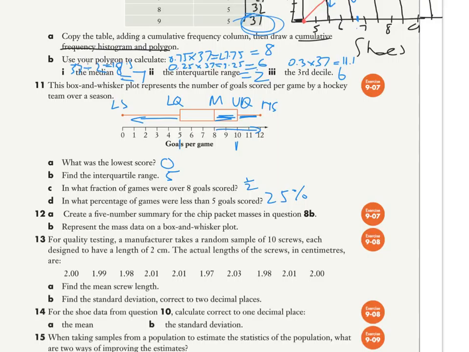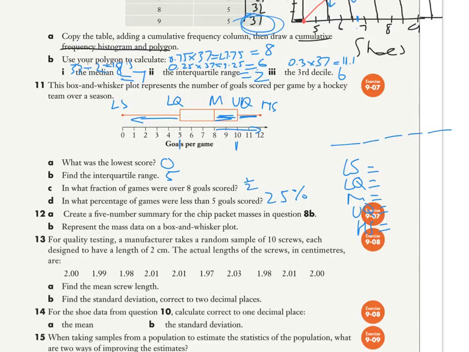Okay, create a 5-figure summary for a chip packet in 8b. Now we don't actually have 8b here, but a 5-figure summary will just be the lowest score, the lower quarter, the median, the upper quarter, and the highest score. They're your 5 figures. Sometimes you put them 1, 2, 3, 4, 5.